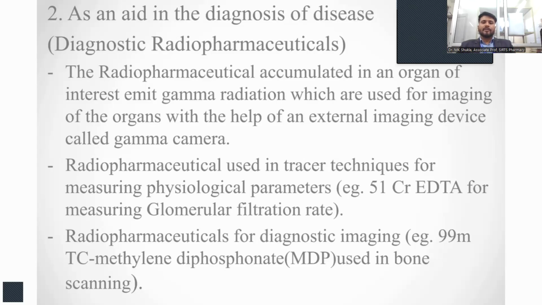Radiopharmaceuticals are used in tracer techniques for measuring physiological parameters, for example Cr-51 EDTA for measuring glomerular filtration rate, and for diagnostic imaging, like technetium-99m methylene diphosphonate (MDP), used in bone scanning.